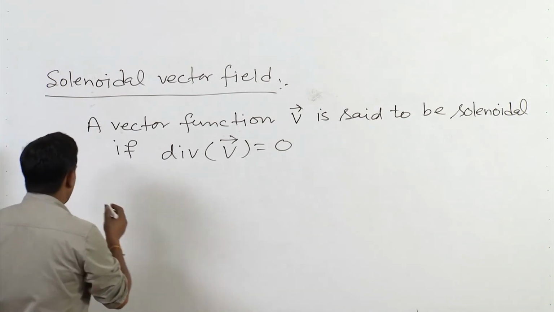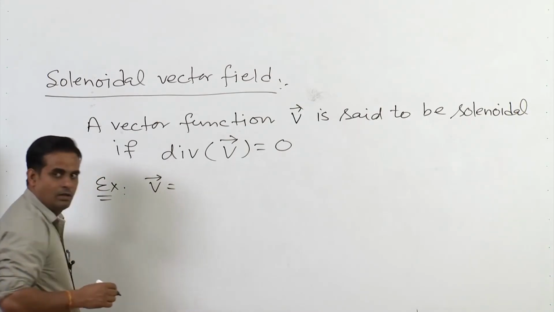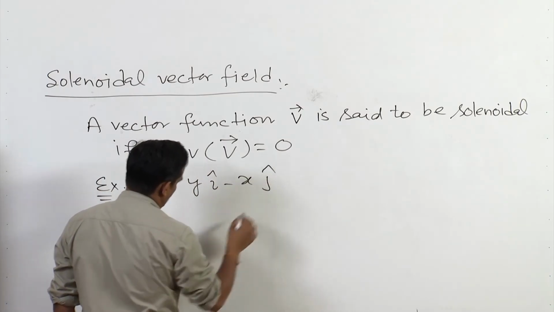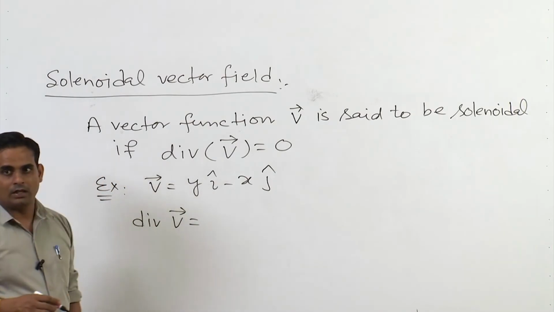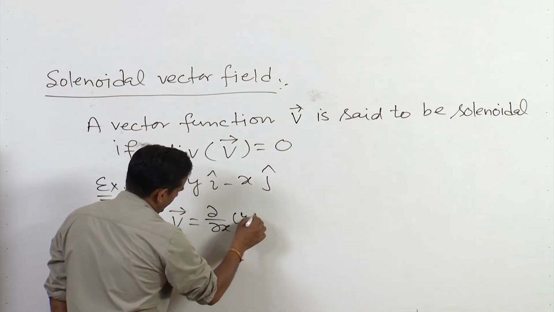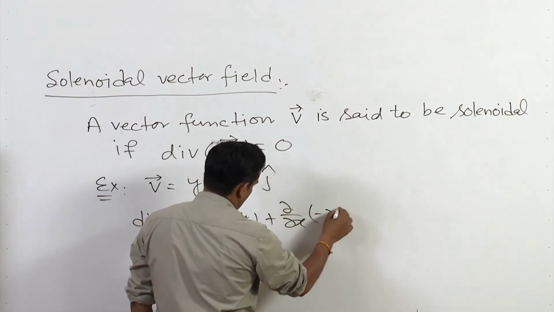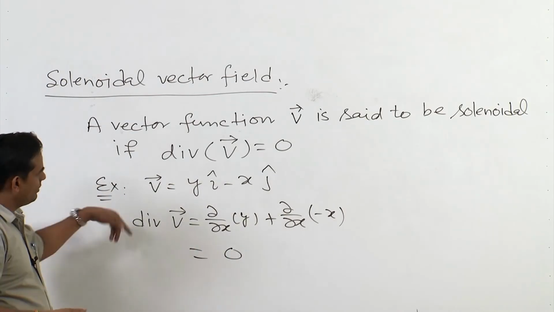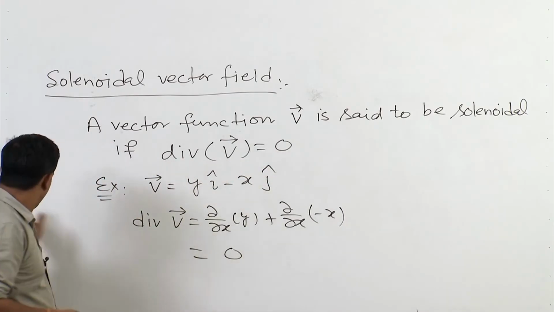Another example, let us take V as yi minus xj, then divergence of V will be del by del x of y plus del by del y of minus x, which is obviously 0. So, you can make other examples based on this particular definition.